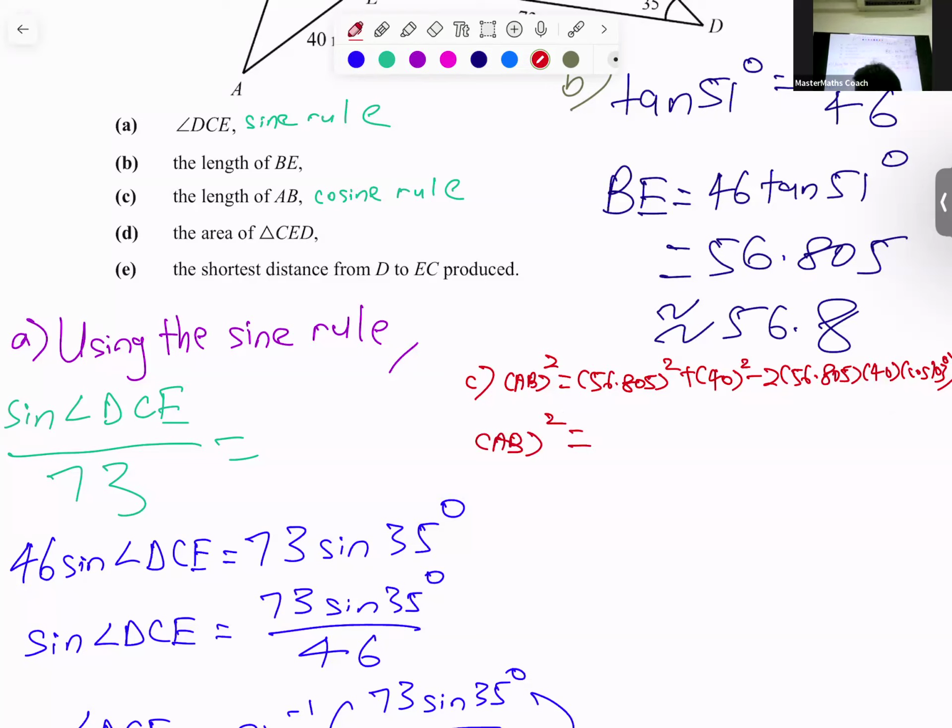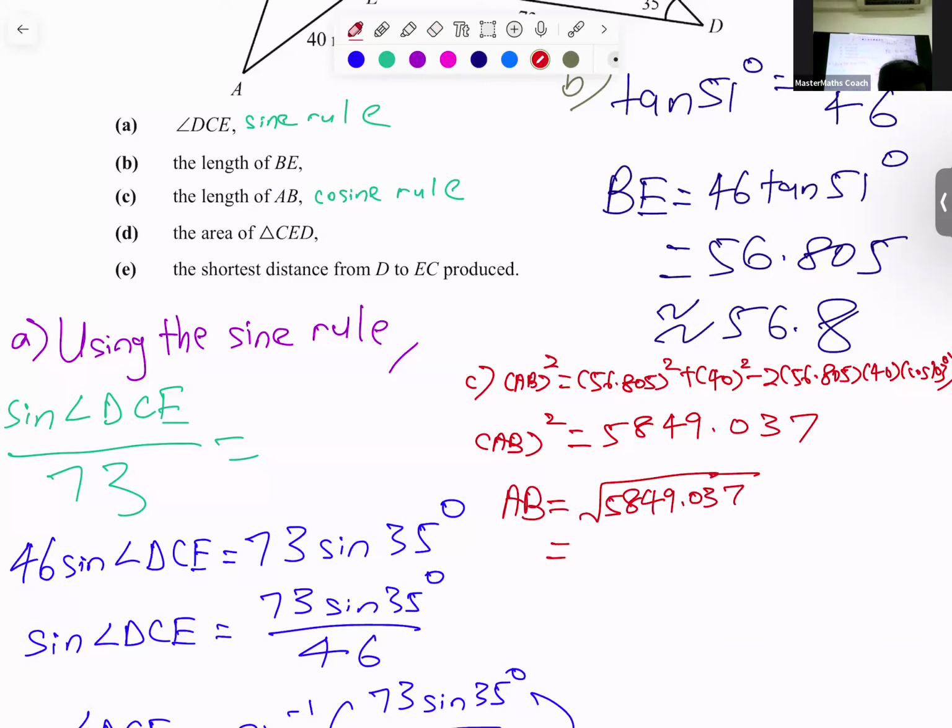AB square will be equivalent to 5,849.037, and AB will be the square root of 5,849.037.